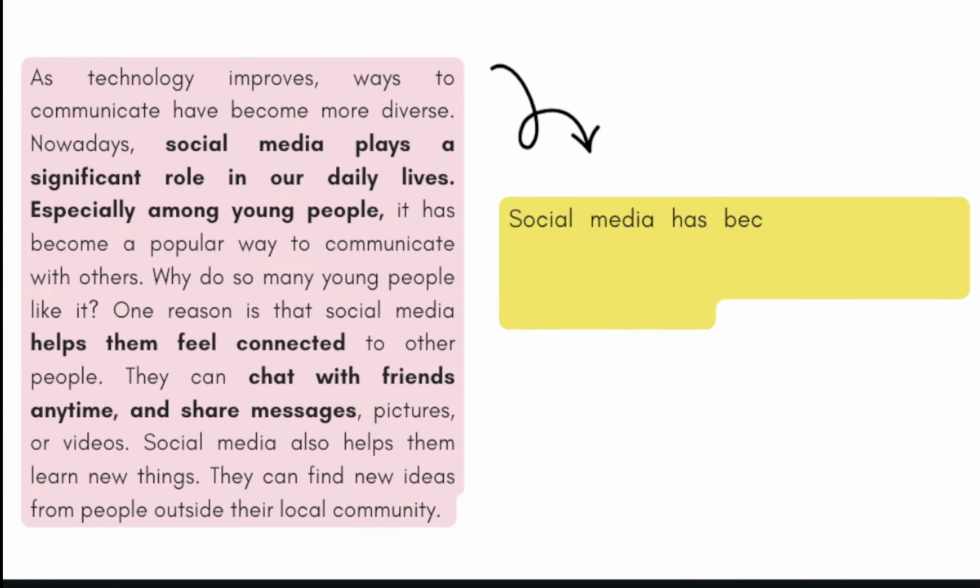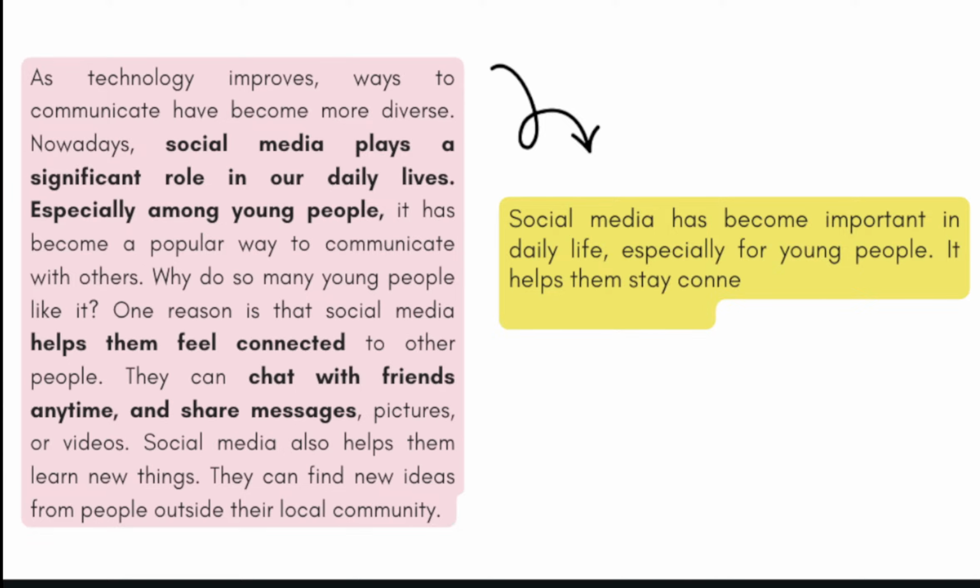Social media has become important in daily life, especially for young people. It helps them stay connected by chatting and sharing messages. So here, notice how I connected the pieces of information that I highlighted.